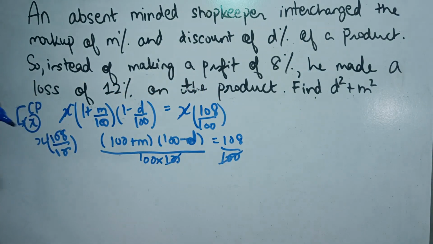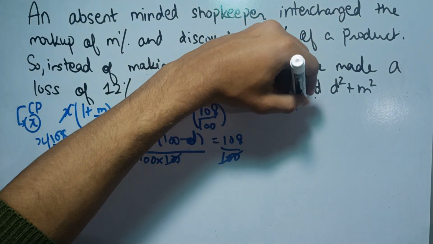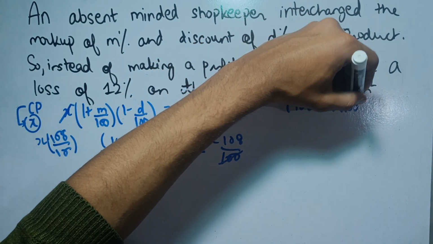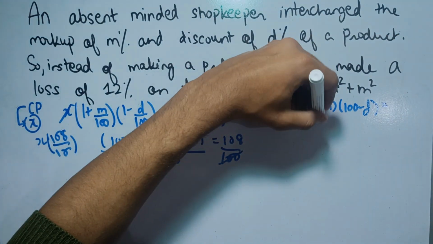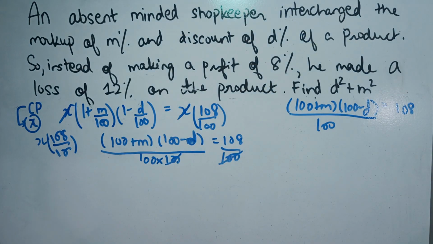We'll cancel this out and we are left with 100 plus M into 100 minus D is equal to 108. Now we'll proceed further.